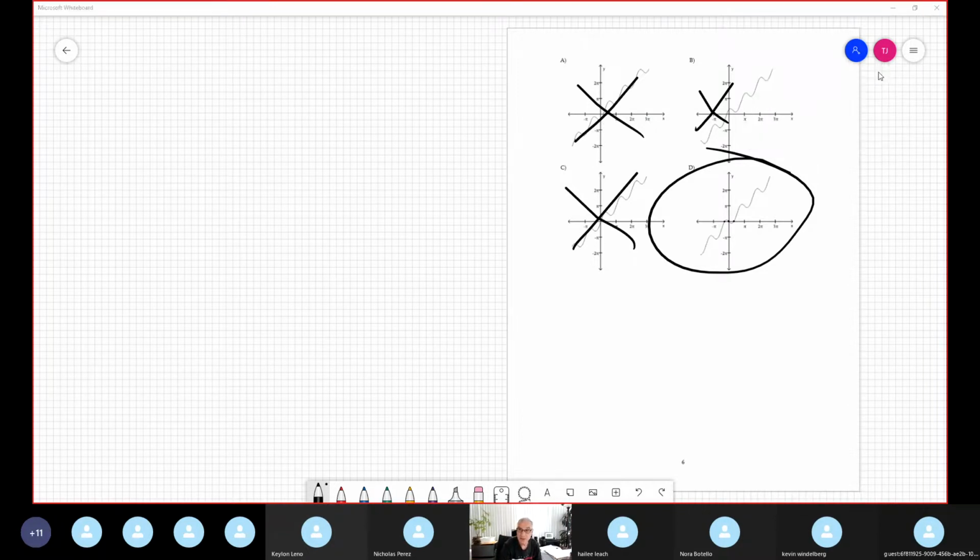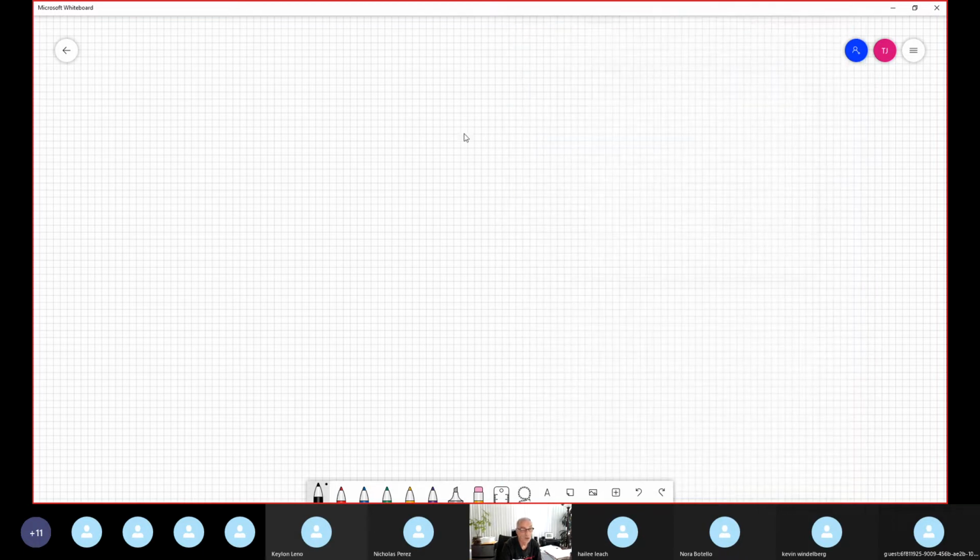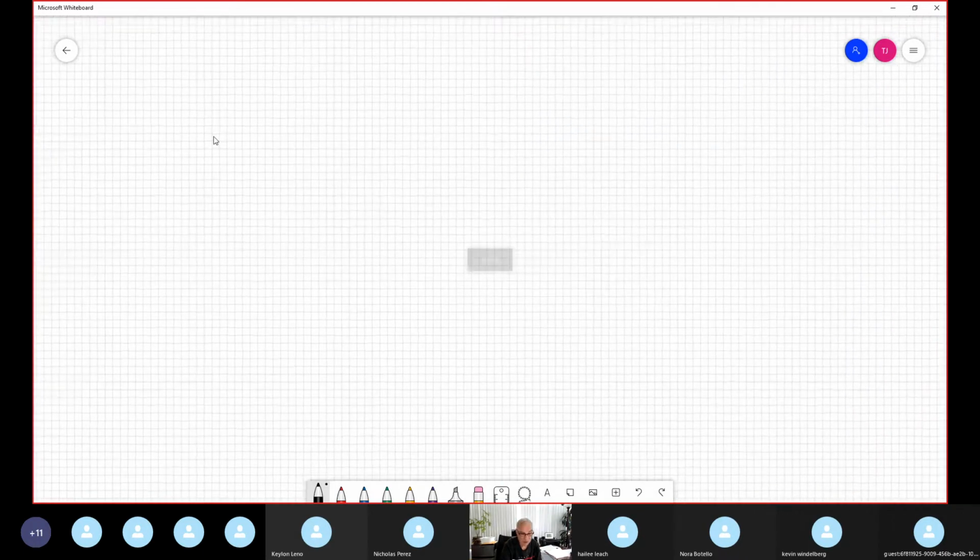Remember, this chapter is application again, but another kind of application. In the last chapter, we studied polar coordinates.